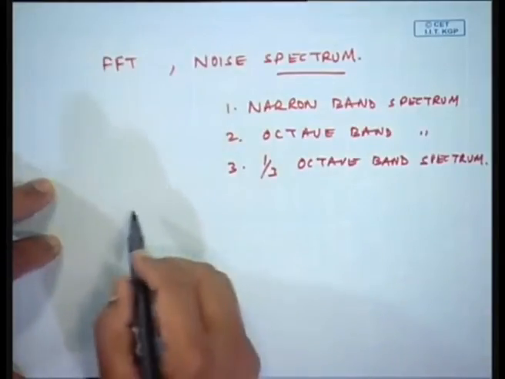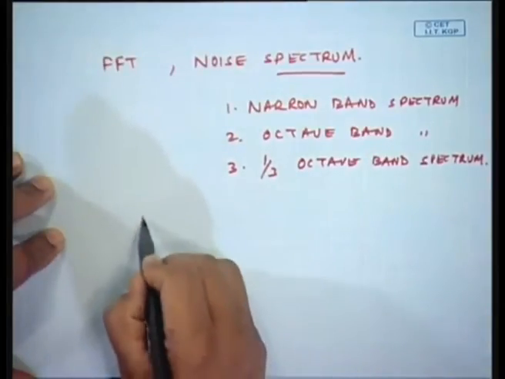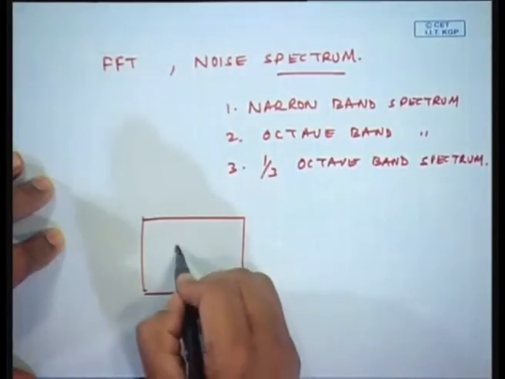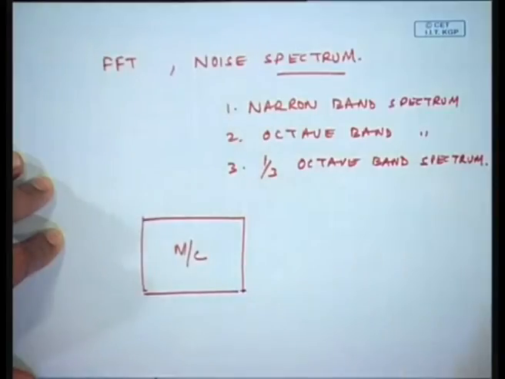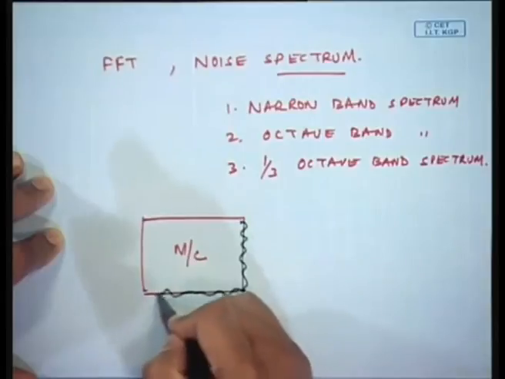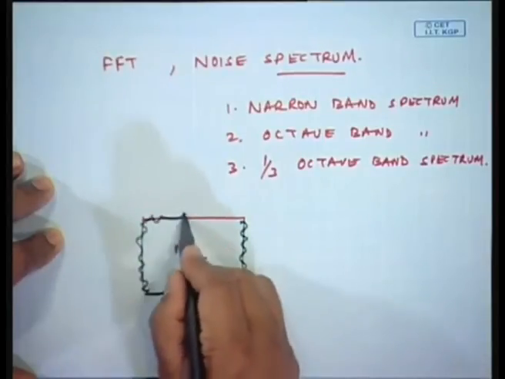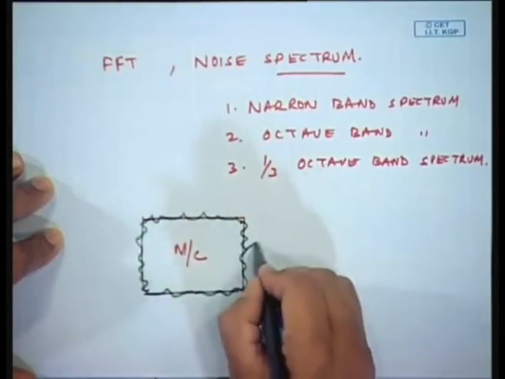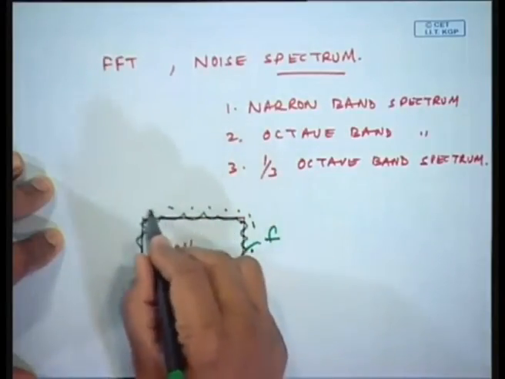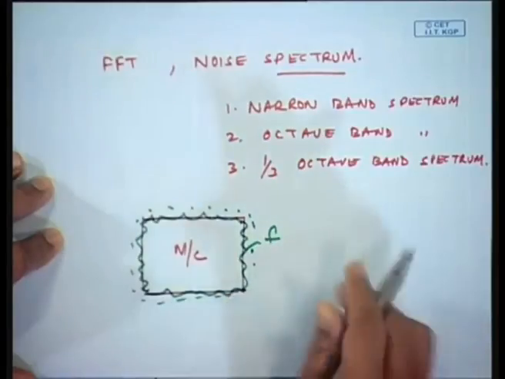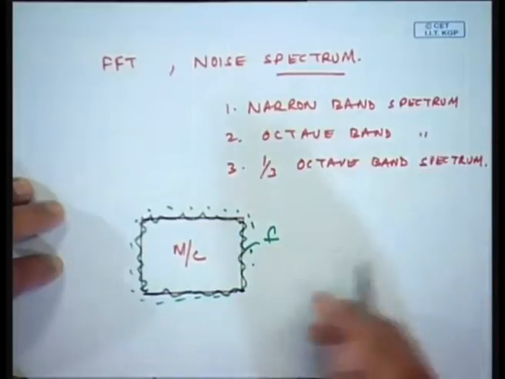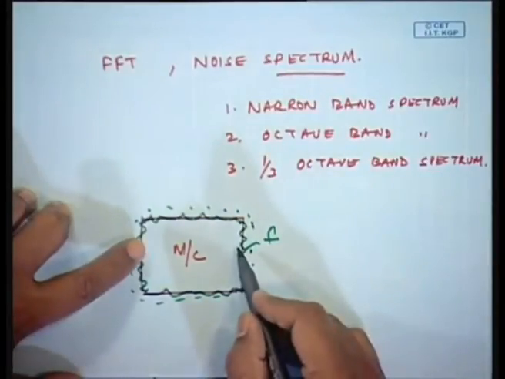For example, if you recall, I was talking about a machine. If this machine vibrates, it will be vibrating at a frequency f, and the particles next to it will also be vibrating with the same frequencies. So, sometimes it may not be possible for us, while doing diagnosis, to even go near this machine.